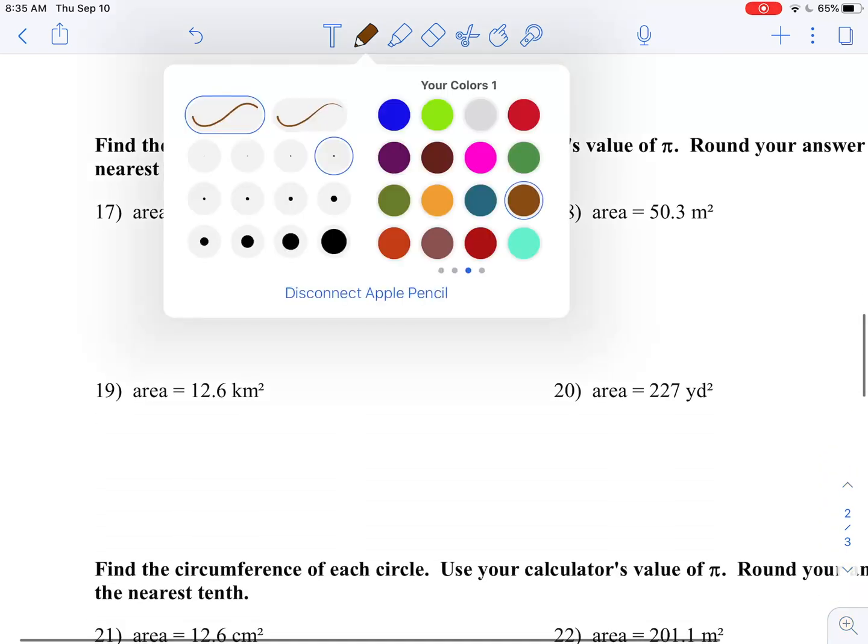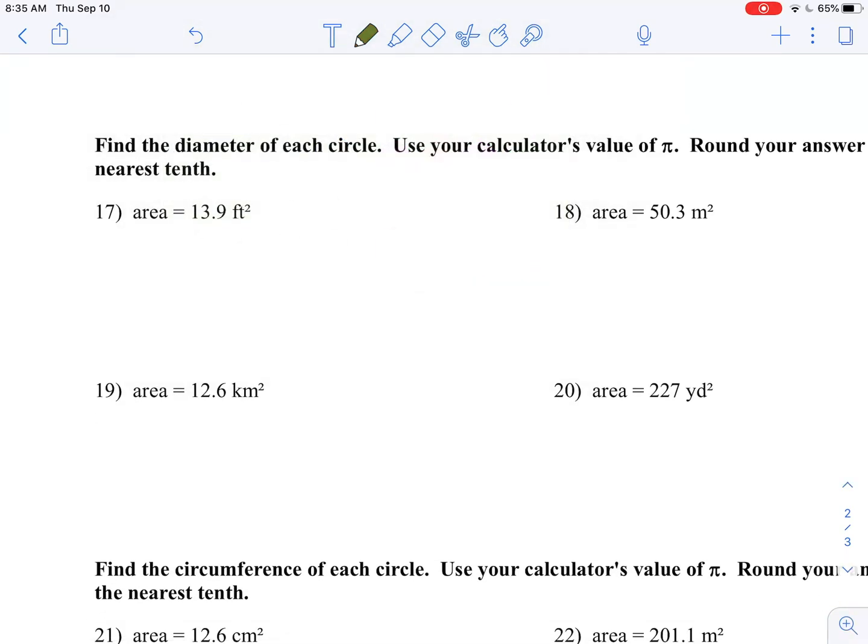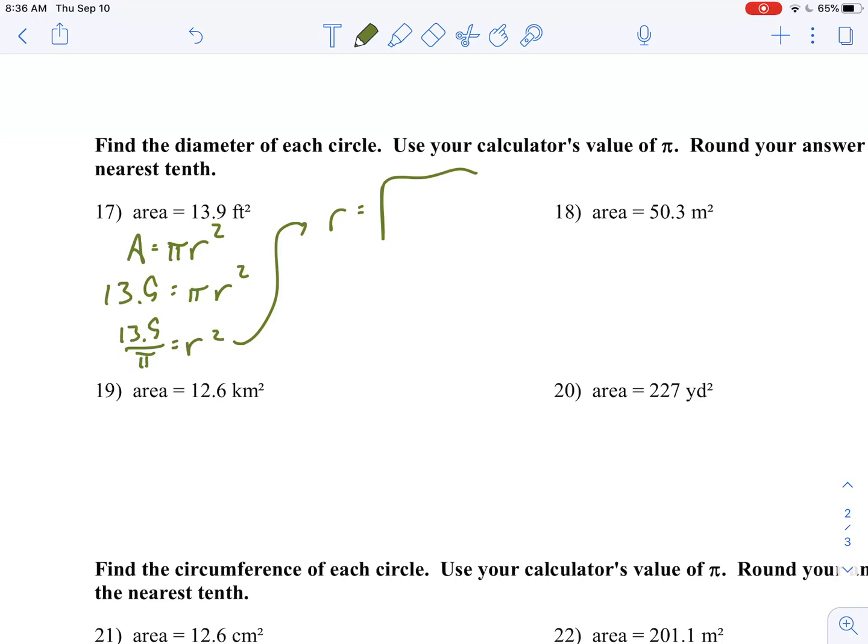All right, one more example. Find the diameter of each circle. So I'm given the area, so once again, I'm going to plug in 13.9. I'm going to solve this the same way. And I'm going to find out the radius is the square root of 13.9 divided by pi.